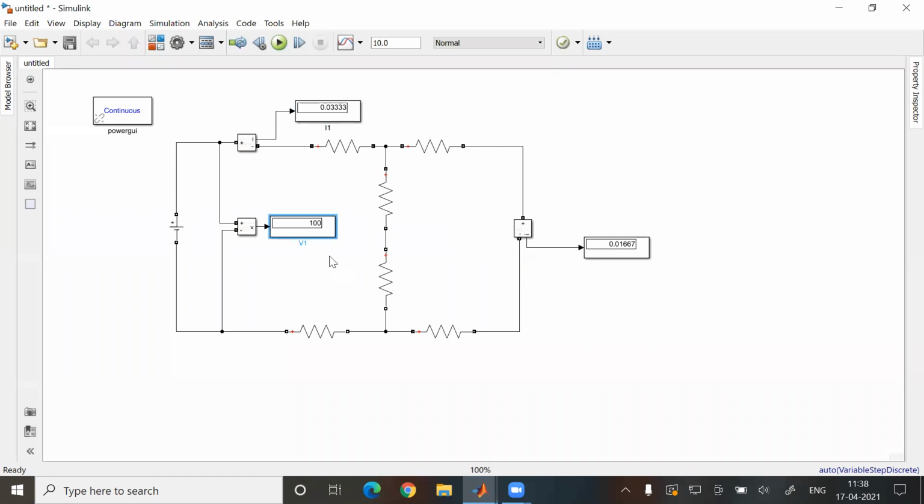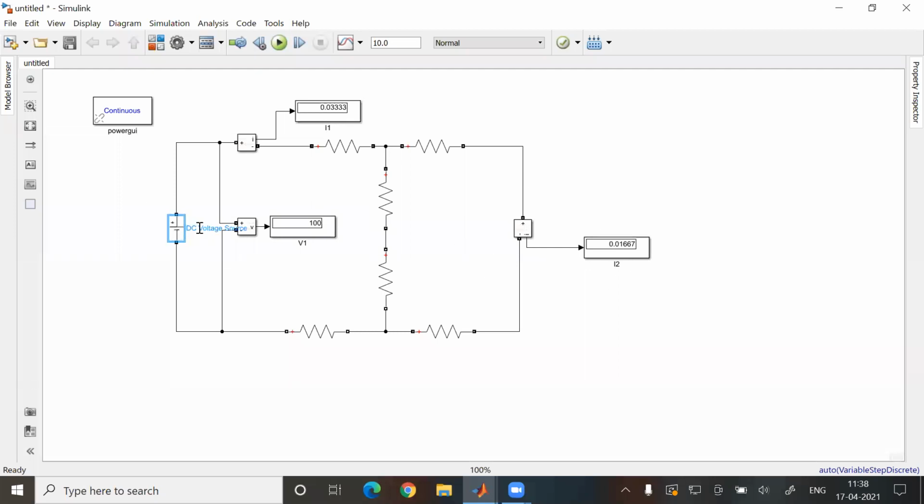This is your V1. This is your I2, right? Just take the readings, because while doing this, what parameters should you have? You should have your V1, I1 and I2, right? These parameters would be there.